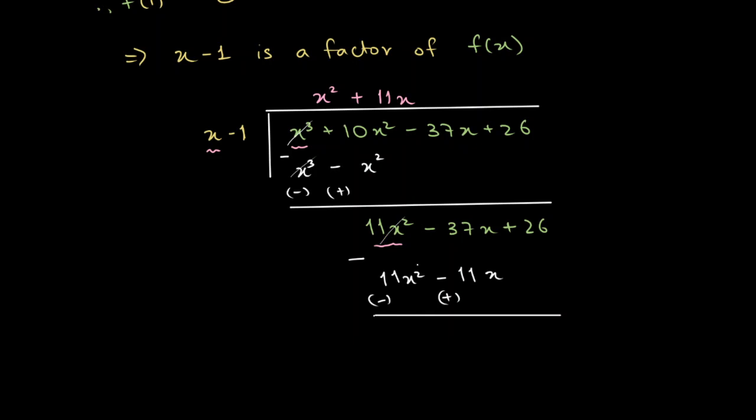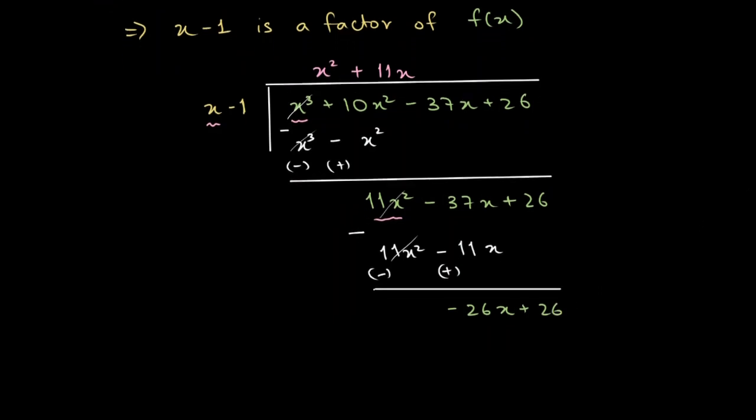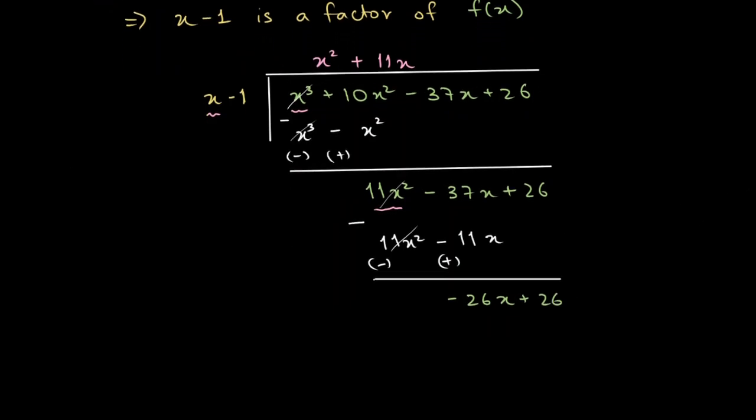Plus 11x squared minus 11x squared gets cancelled. Minus 37x plus 11x leaves me with minus 26x, and plus 26 is brought down just as it is. All right. Further, now when we divide, we have minus 26x divided by x. This gives me minus 26.